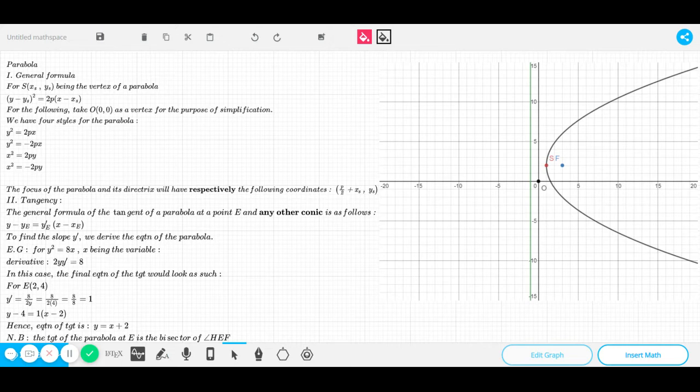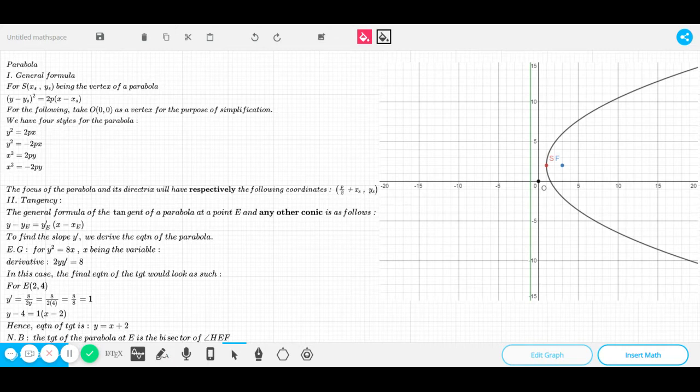We cannot refer to 2p as any other constant, a or b or c, for this purpose, because 2p in this case was 8. In the case of this parabola, it was 8, which means that p would be 8 divided by 2, which means that p is equal to 4, and p over 2 would be equal to 4 over 2, which means that p over 2 is equal to 2.